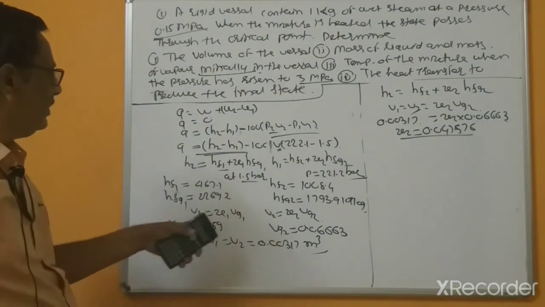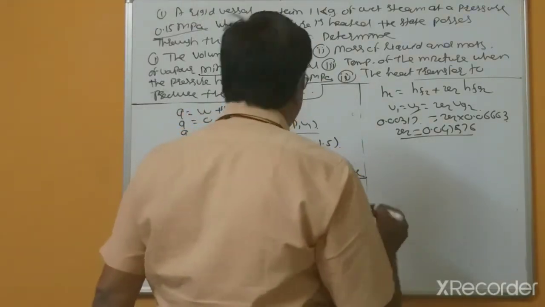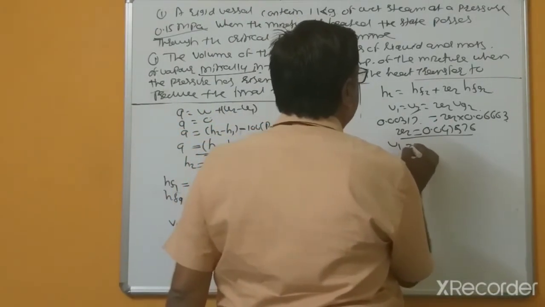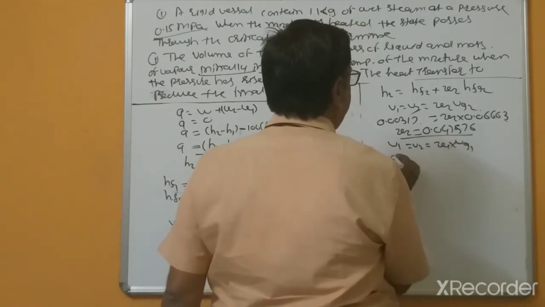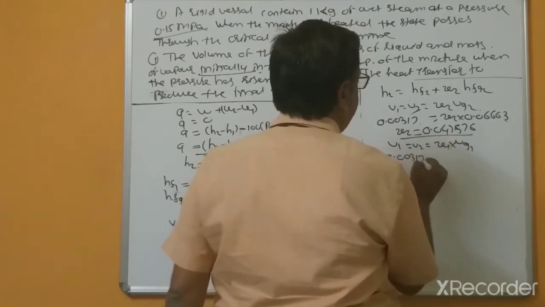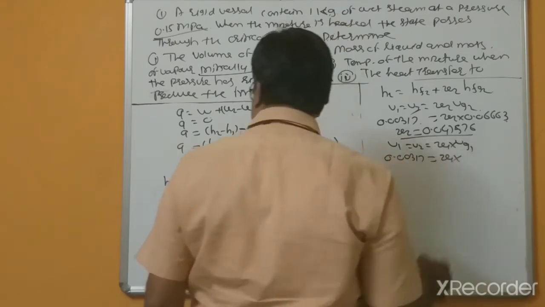Again we require x1 also. So that is also we will calculate x1: V1 equal to V2 equal to x1 into Vg1s, 0.00317 equal to x1 Vg1s.